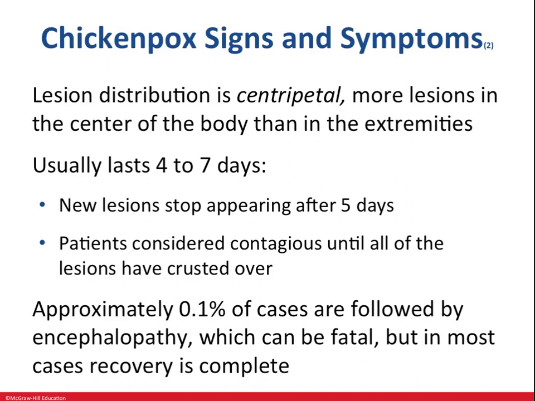The patient is still contagious until all of the lesions have crusted over. It can cause encephalopathy in 0.1% of patients, which could be fatal. However, normally this disease is mild.